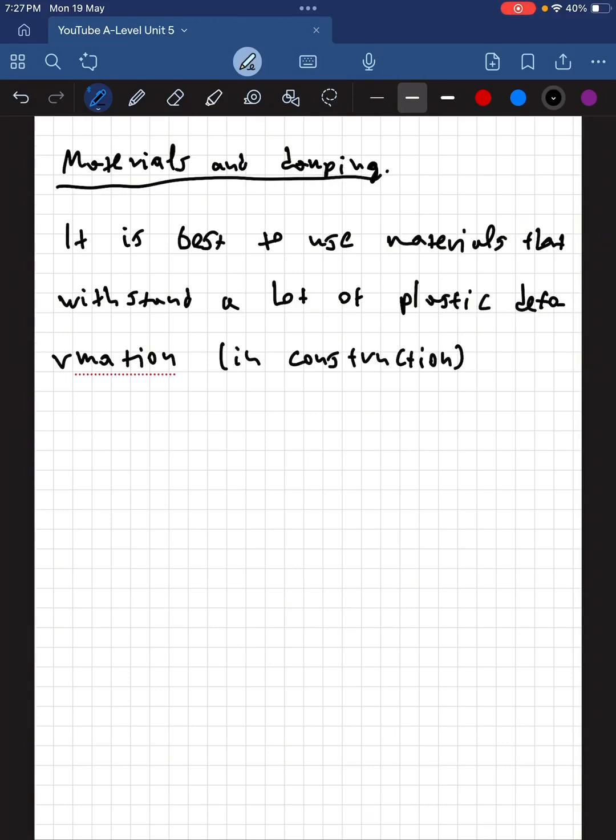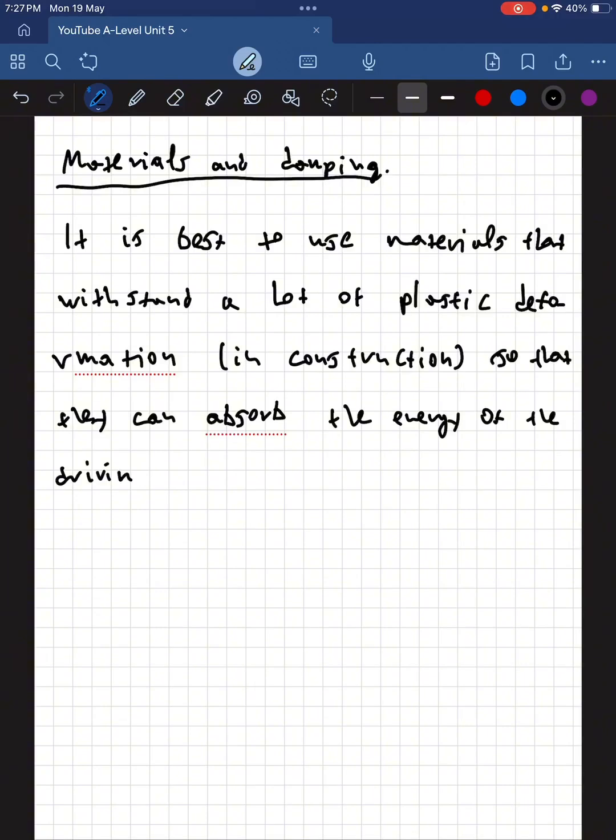So it is best to use materials that can withstand a lot of plastic deformation so that they can absorb the energy of the driving oscillation.